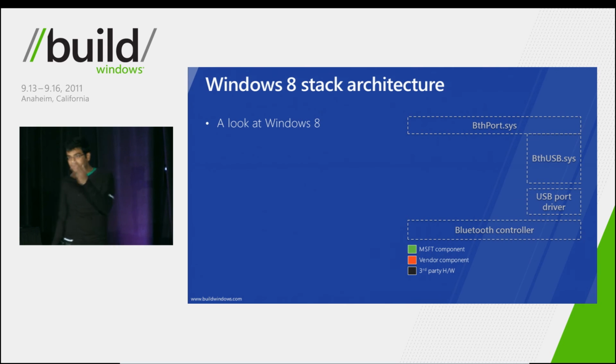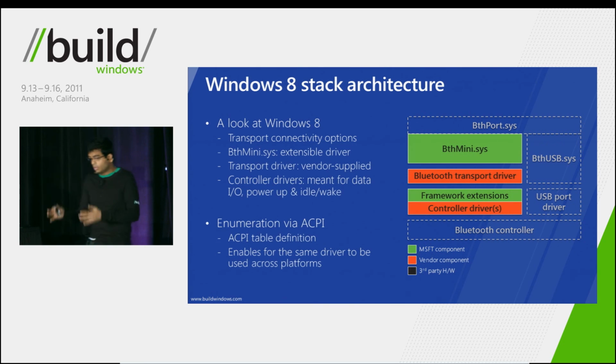So we still have BTHport and our BTHUSB controller support. Nothing's changed there. But we're also enabling transport connectivity beyond just USB. How? Well, we have this component called bthmini.sys. It's an extensible transport driver component below which a Bluetooth transport driver that comes from our partners gets plugged in. The Bluetooth transport driver is specific to a particular transport, for example, UART in this case.